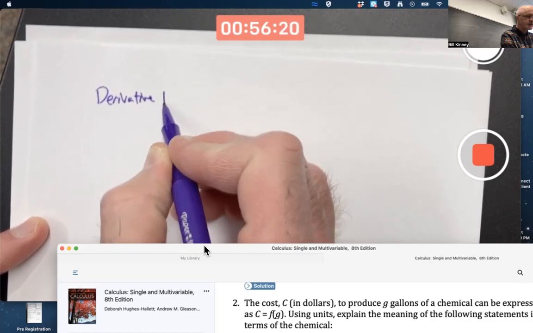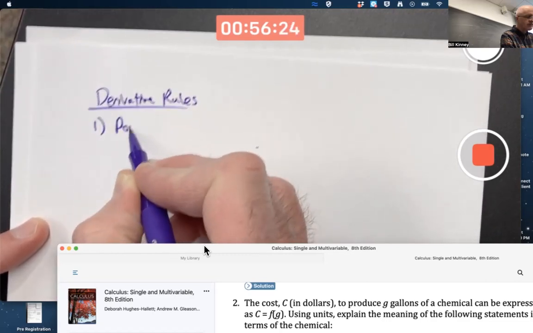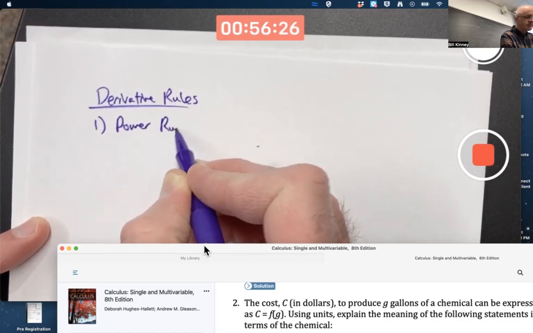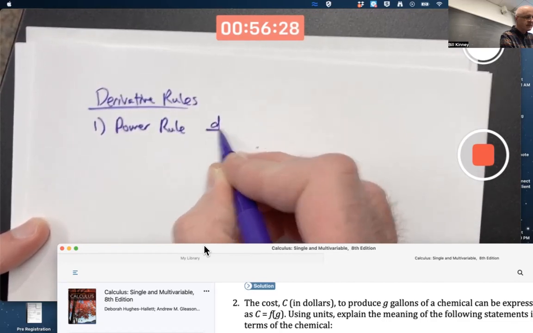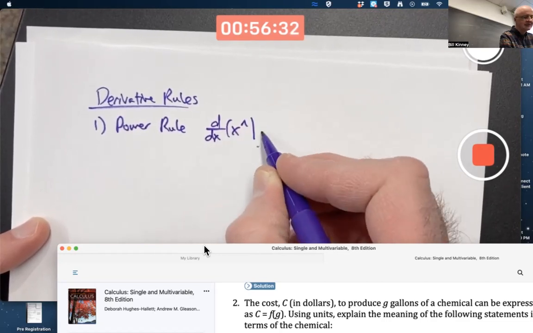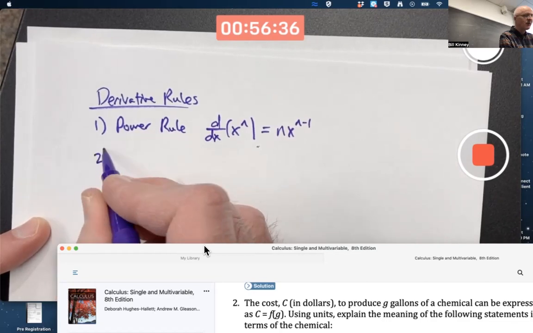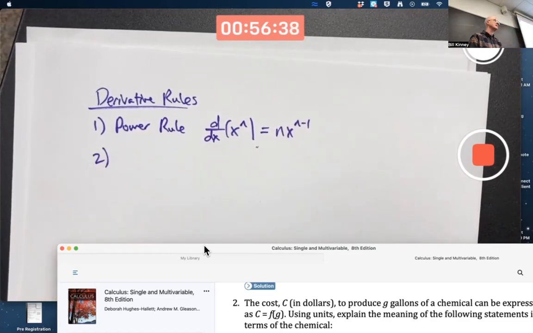Well, I guess the first one we said was the power rule. The derivative with respect to x of x to the n power, where n is a constant, is n times x to the n minus 1. Right? That's the one that everybody remembers even when they're 80 years old. Took calculus 60 years ago. Okay, maybe you remember the power rule.